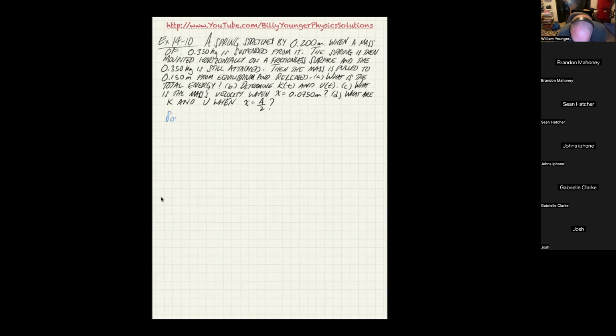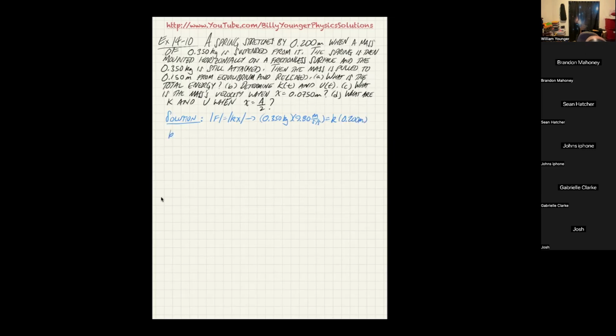So our solution, for starters, everything we know, whether I'm using energy or not, needs to have a k. So what we have is, at least in magnitude, F is equal to the magnitude of k times x. So what this gives us is 0.350 kilograms times 9.80 meters per second every second is equal to k times, when we hung it on it, 0.200 meters.